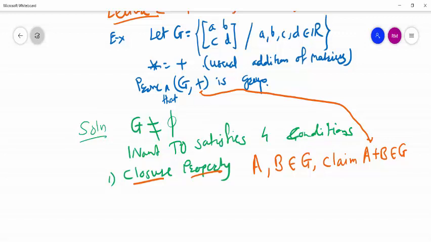If it is of order 2 by 2 and the entries in that matrix are real numbers, then we can say it belongs to G, otherwise not. So how do we prove this property?